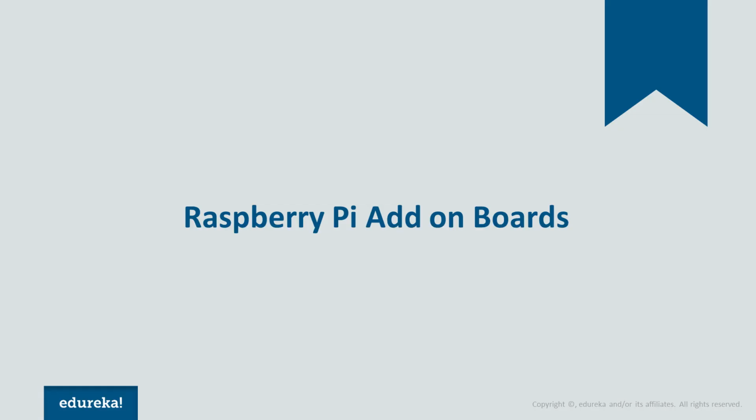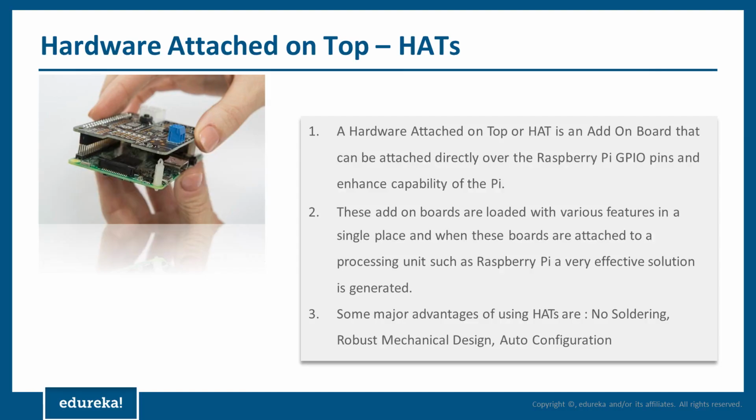So there is something called Raspberry Pi add-on boards, which do not come with the Raspberry Pi. They are independent, separate boards to be purchased separately, and they are called HATs, hardware attached on top. As you can see in the picture on the left, below is a Raspberry Pi, and you're just plugging a HAT board into the GPIO pins.